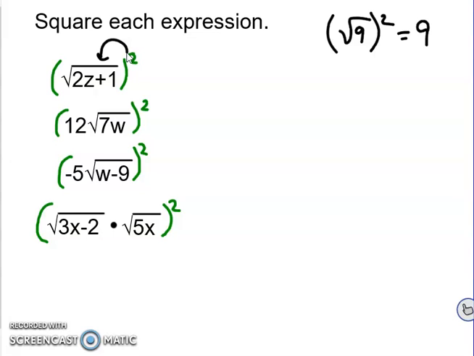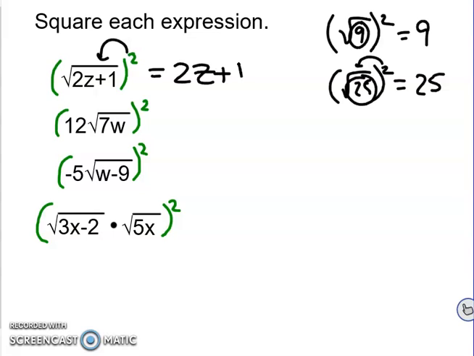The square root of 9 is 3, and 3 squared is 9. The square root of 25, we squared it as well, and again that answer is 25. So the squaring of a square root, basically that's going to create an exponent of 1. So what we're left with is that value, or expression, that's underneath the square root. So the first problem here, the answer would be 2z plus 1.